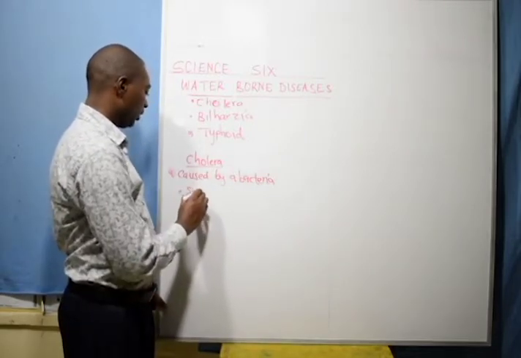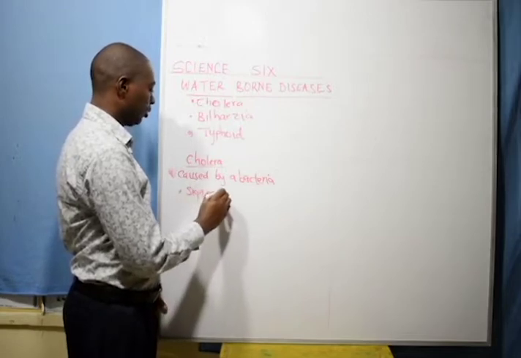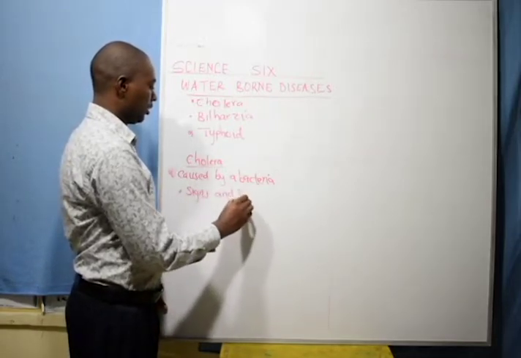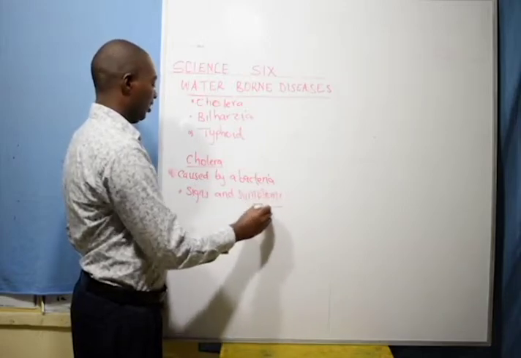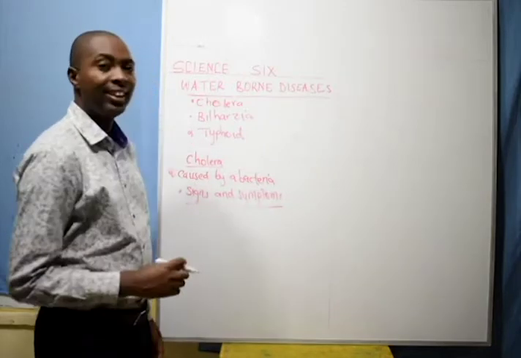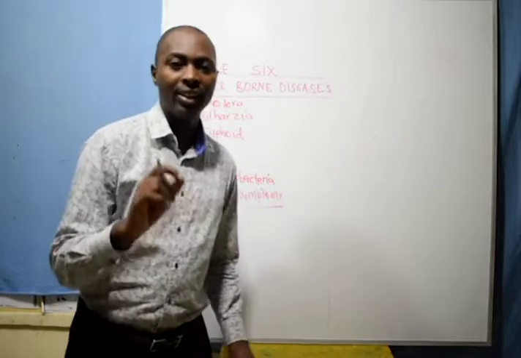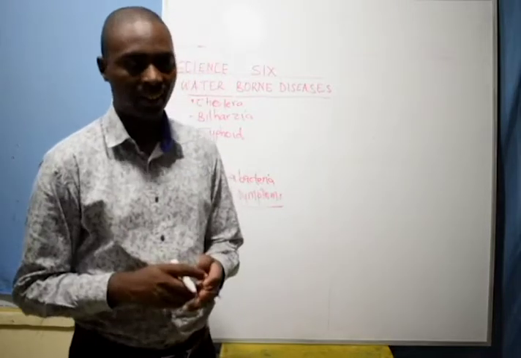Therefore, I'm going to take you through the signs and also the symptoms. The difference between the signs and the symptoms is that signs can be seen and symptoms are felt.